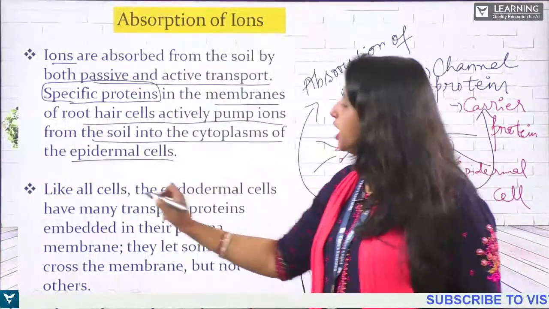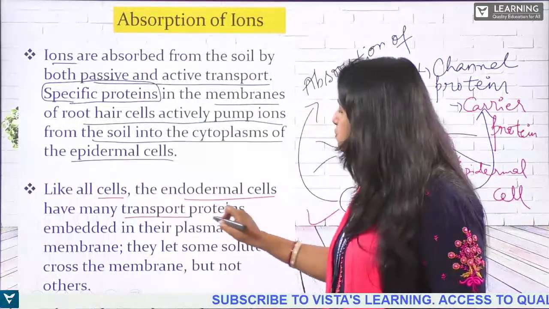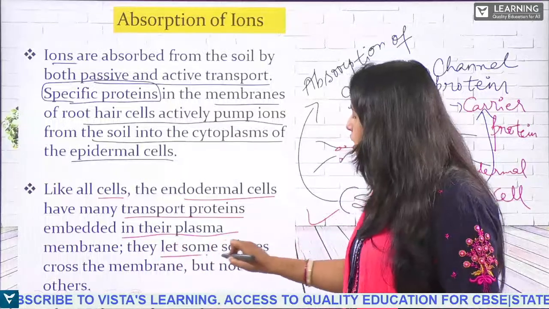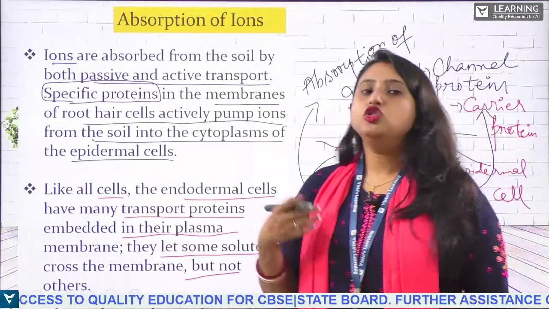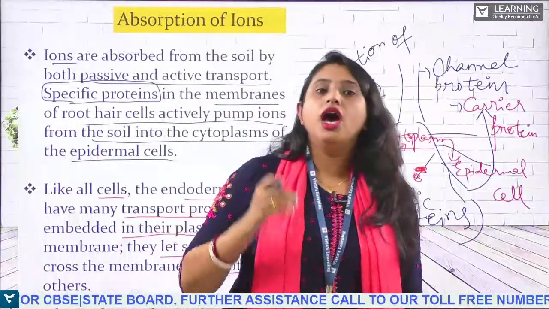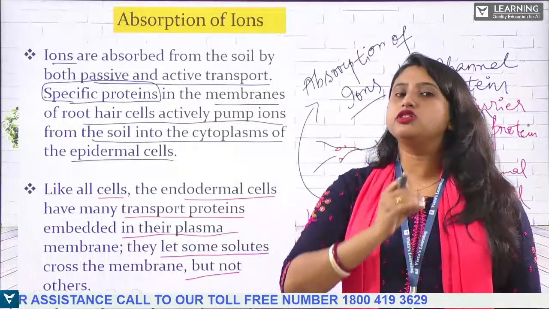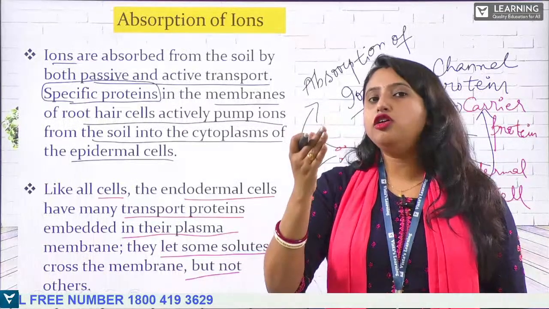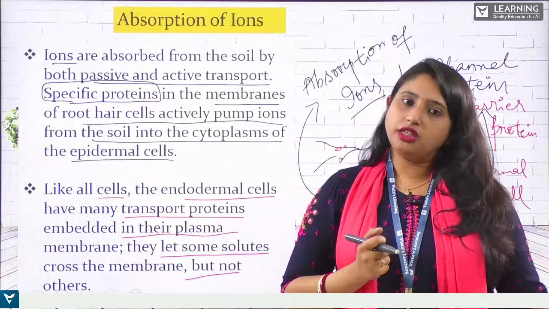Next, like all cells, the endodermal cells may have transport proteins embedded in the plasma membrane, and they let some solutes cross the membrane but not others. We have already learned about the structure of the roots in the anatomy of the plant, where you have seen that the root has various parts like epidermis, cortex, endodermis, pericycle, and the vascular tissue inside the pericycle.